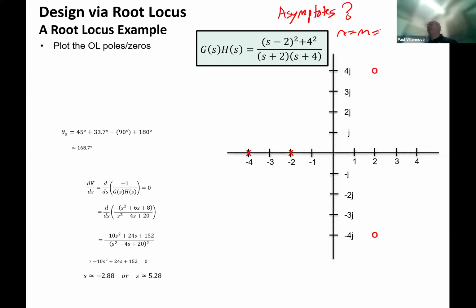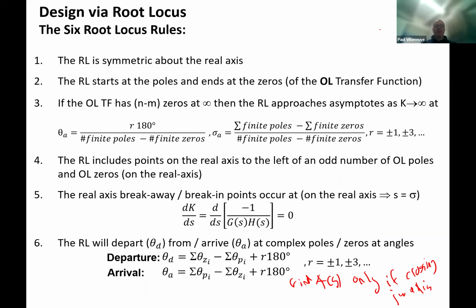So you have no infinite poles, do you? Or infinite zeros. So remember how over here, in this problem, you don't need to do number 3. Number 3 is gone. No work needs to be done. Okay?